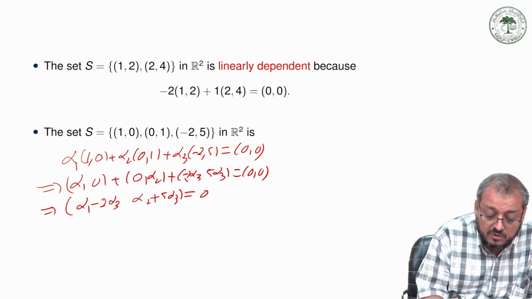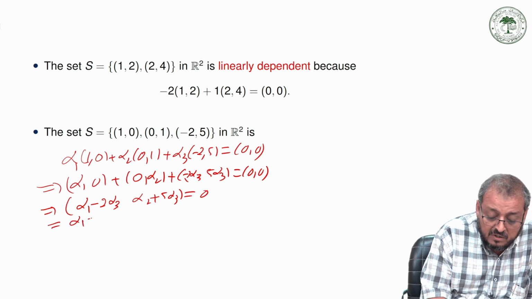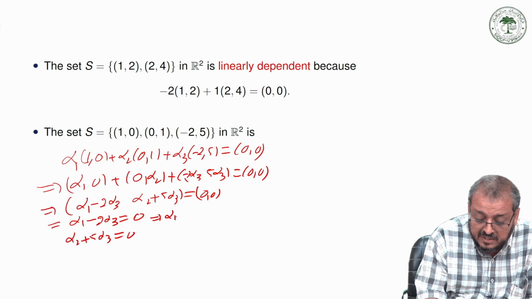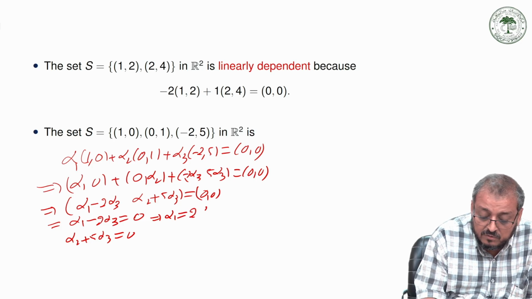This means α1 minus twice α3 is equal to 0, and we have α2 plus 5α3 is equal to 0. This implies that α1 is equal to 2 times α3, and this implies that α2 is equal to minus 5α3.